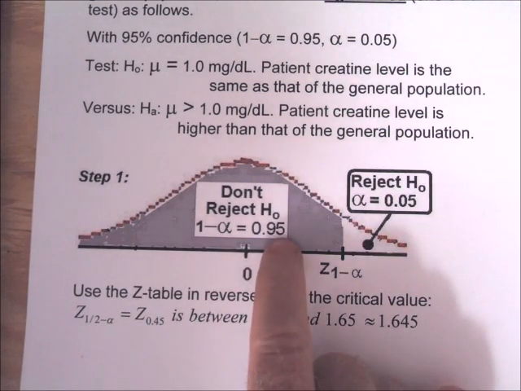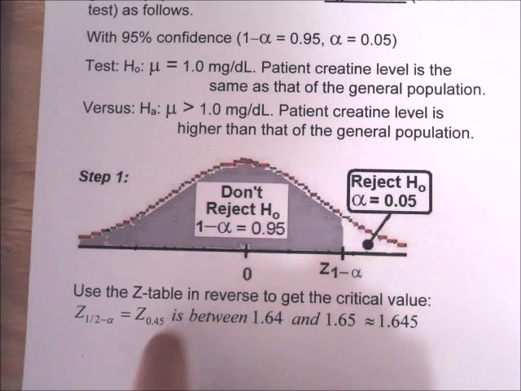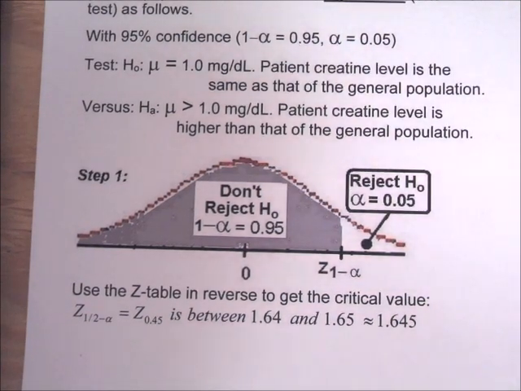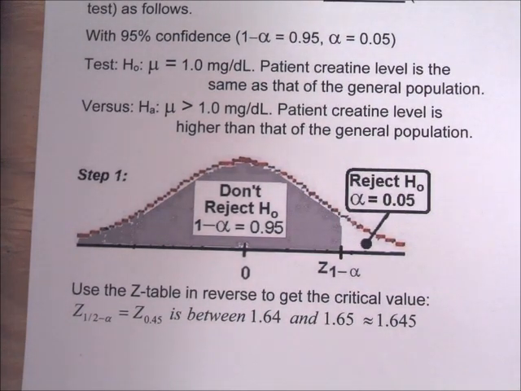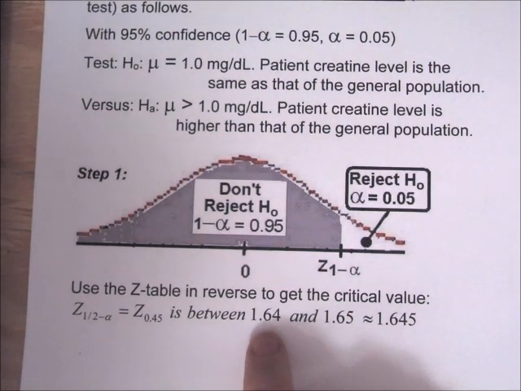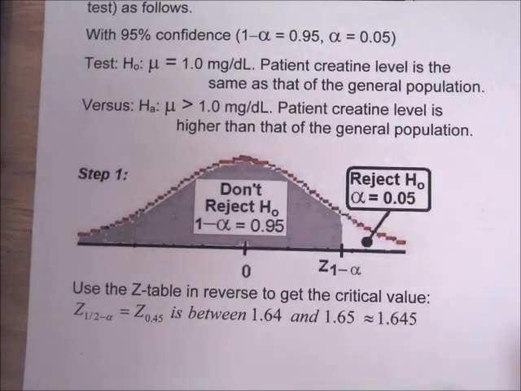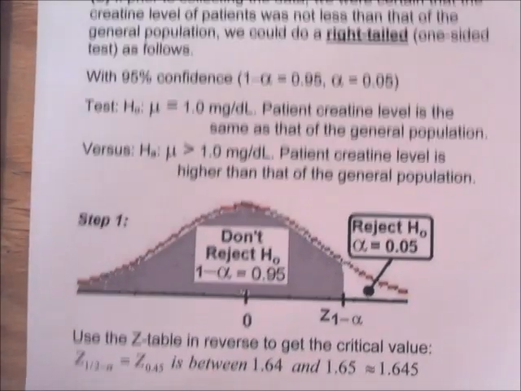So 0.95 minus 0.5 is 0.45. Look up 0.4500 in the body of the table. It's not there exactly. It's halfway between the numbers that are in row 1.6, columns 4 and 5. So we can take the average of 1.64 and 1.65 to get 1.645 for our upper critical value.